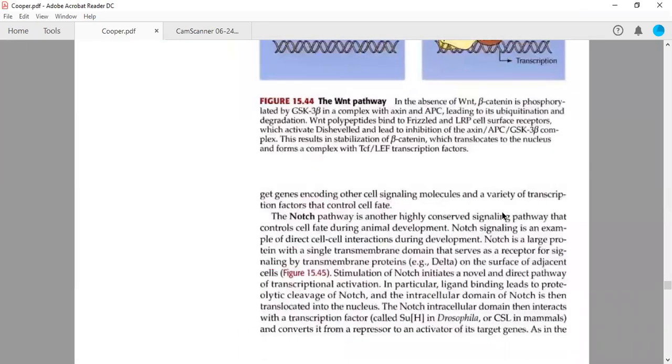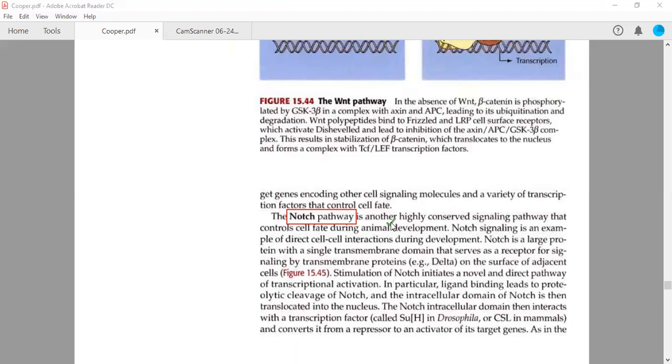Now there is a third kind of signaling which also happens in these embryonic cells. This is called the Notch pathway, and this is the last signaling we will discuss in this class, which will finish this chapter. The Notch pathway is another highly conserved signaling pathway which decides cell fate during animal or embryonic development.